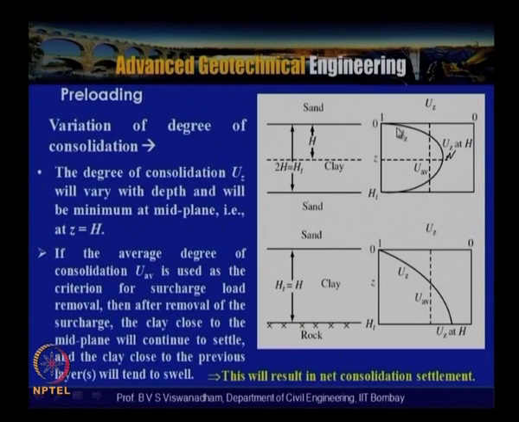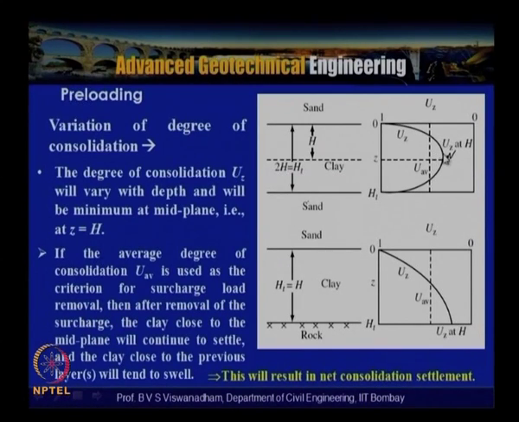Once the preload is applied, the degree of consolidation attained is one here and one here at the top and bottom because of the double drainage, and at this mid plane you can see that there is a major amount of pore water pressure to be dissipated. So you can see that this much portion is yet to be dissipated, this much portion is already dissipated.